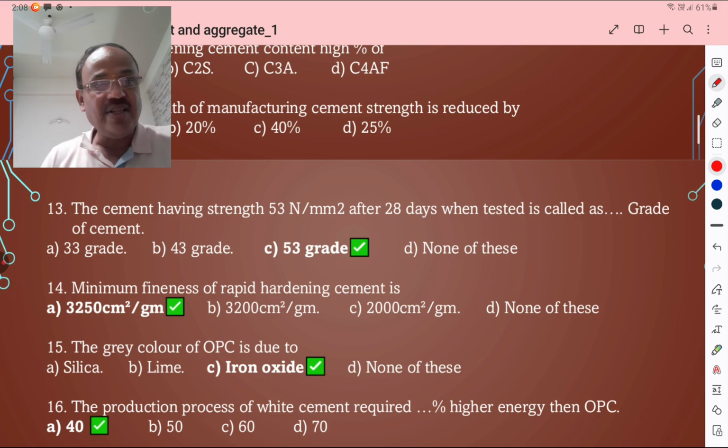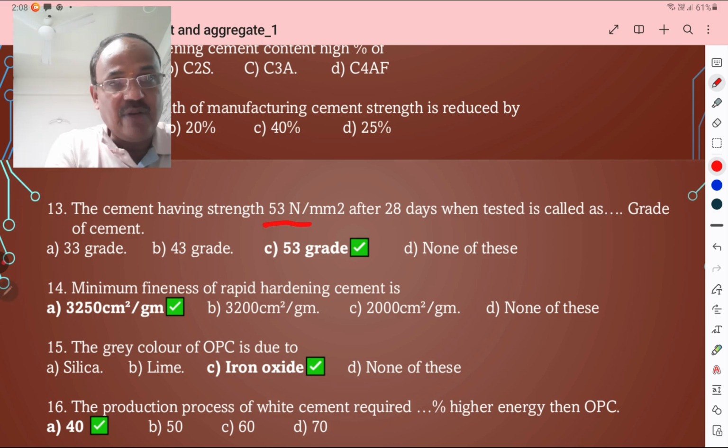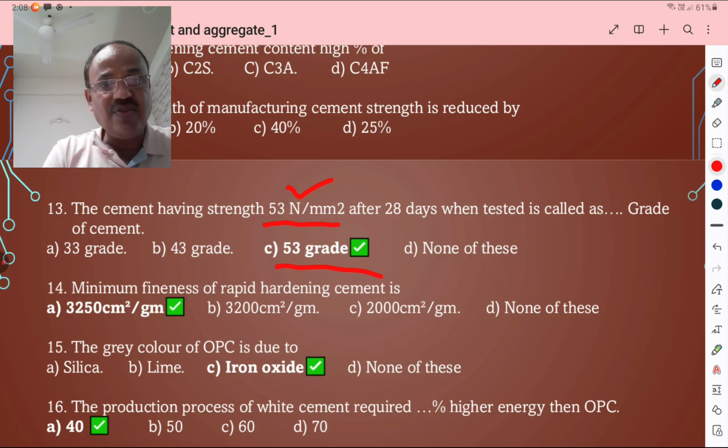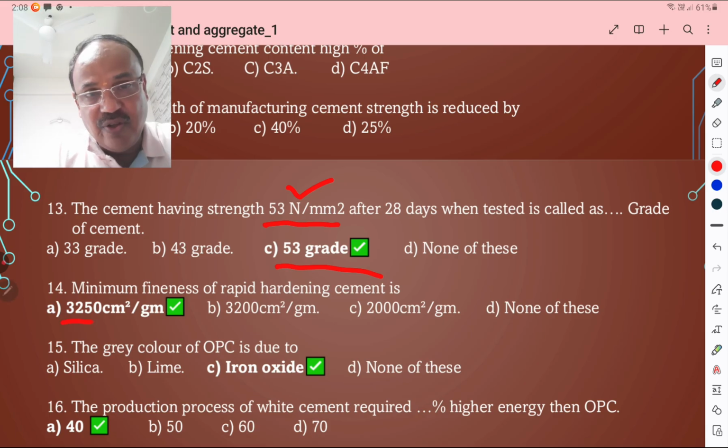The cement having a strength of 53 MPa or 53 Newton per mm square after 28 days when tested is called 53 grade cement. That is the strength of cement mortar cube after 28 days. Minimum fineness of rapid hardening cement is 325 centimeter square per gram. One must know all these values.